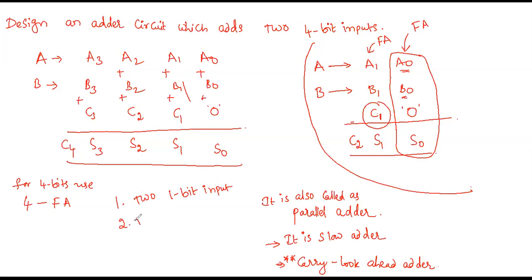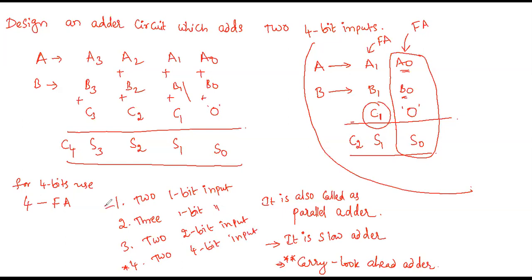Second one, three 1-bit input adder. Third one, two 2-bit input adder. Fourth, you have to draw this diagram on your own, similar to the two 2-bit input, two 4-bit input adder.